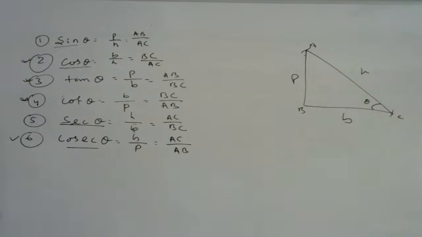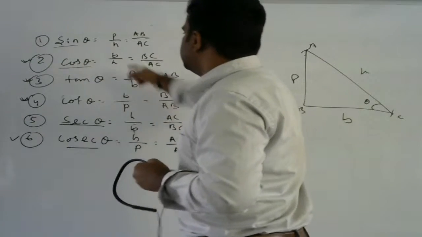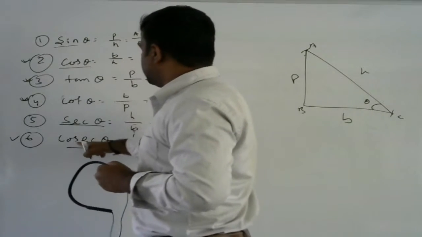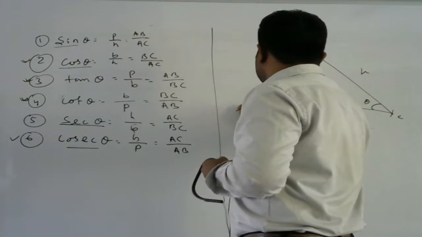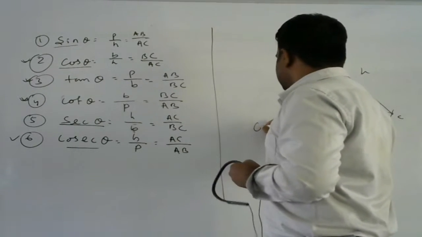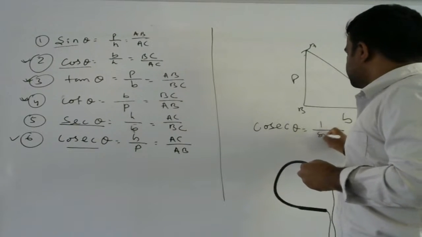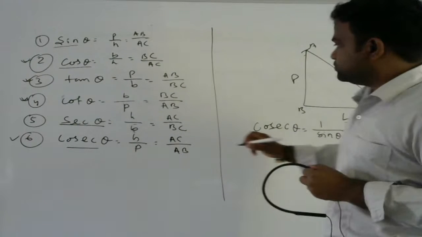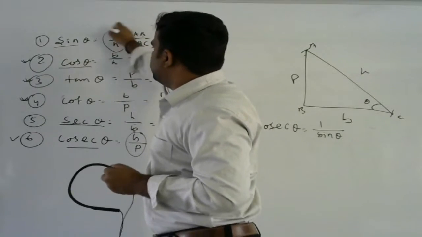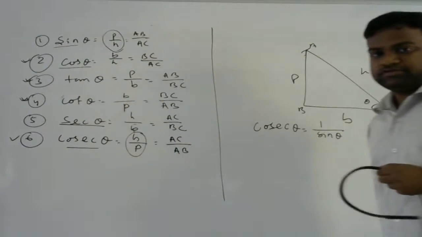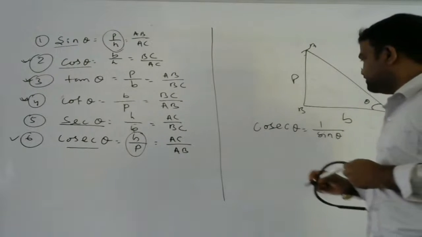So I can write that sin and cosec are just inverse. Cosec theta is equal to 1 upon sin theta, because cosec theta is h by p, and sin theta is p by h, just inverse.